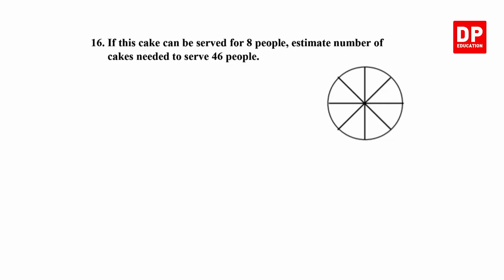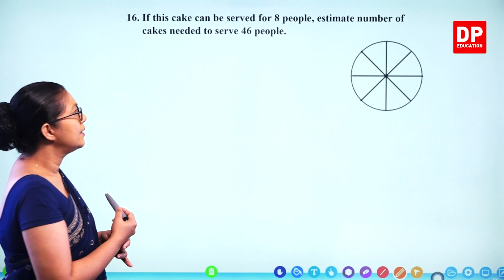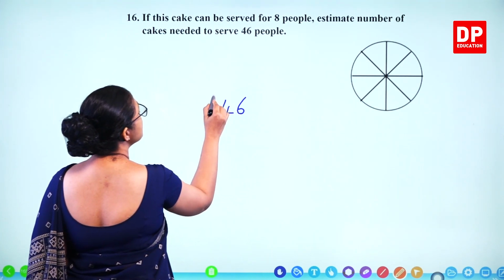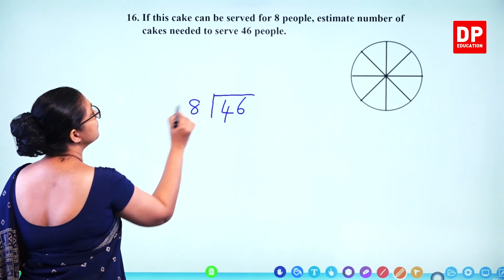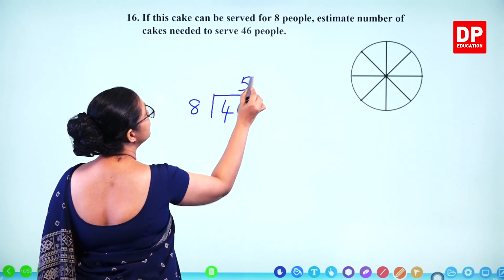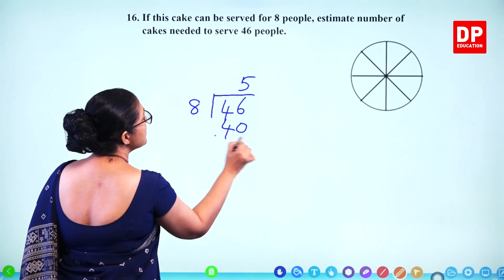Question number 16. If this cake can be served for 8 people, estimate the number of cakes needed to serve 46 people. So we'll see how many 8s you need. 46 divided by 8. 8 times 5, 40, and 6 remaining.